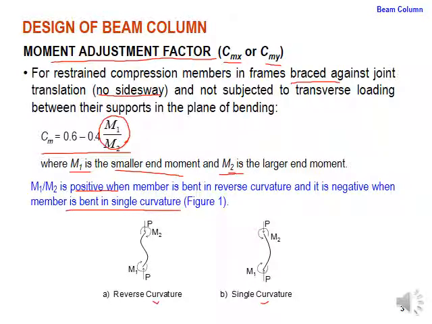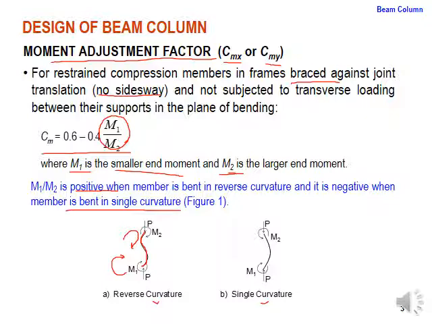In figure A, you can see that if the direction of the top moment and the bottom moment are the same, both clockwise, then the bending curvature of this column will be like this.